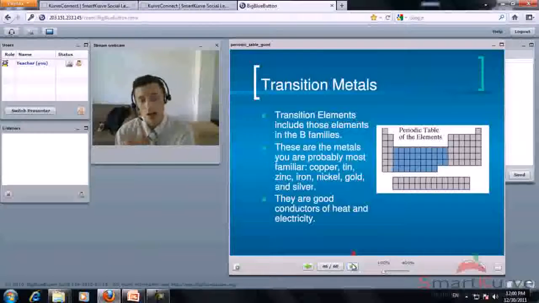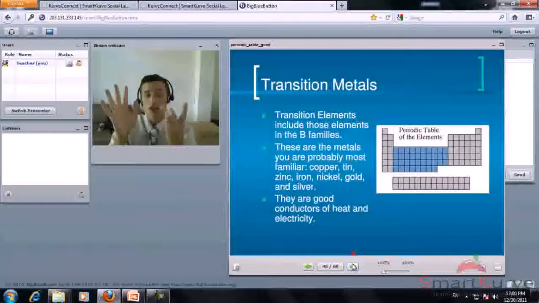We're going to talk a little bit more about oxygen in a couple of slides, but remember, oxygen has 6 valence electrons, so it wants to gain 2 more to have 8. These transition metals, many of them have 2 valence electrons to give away.